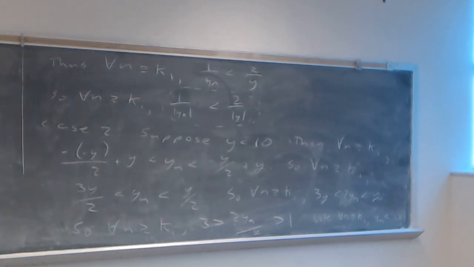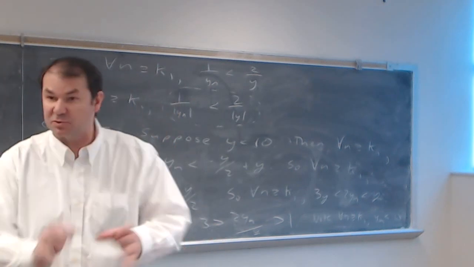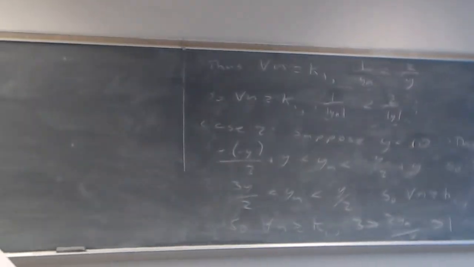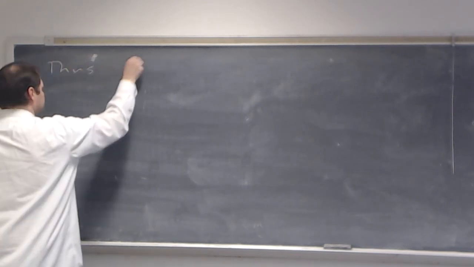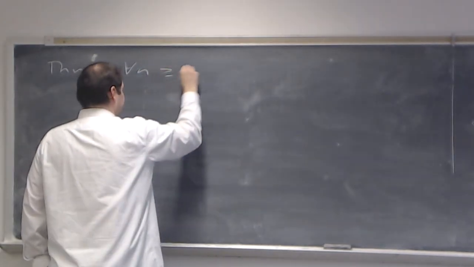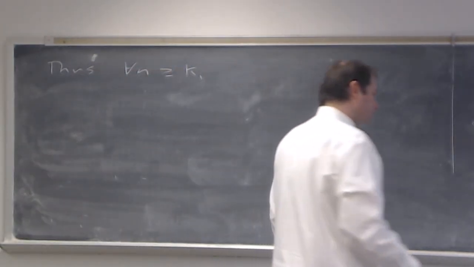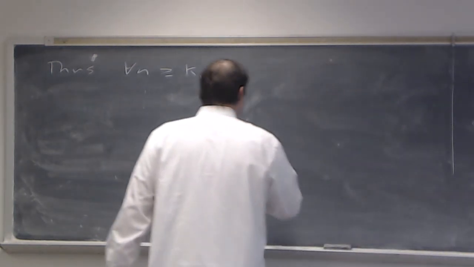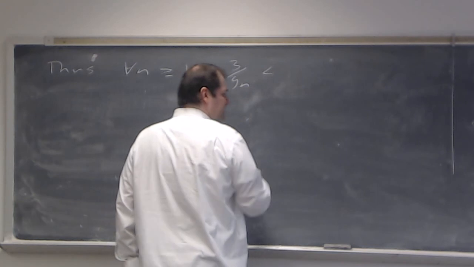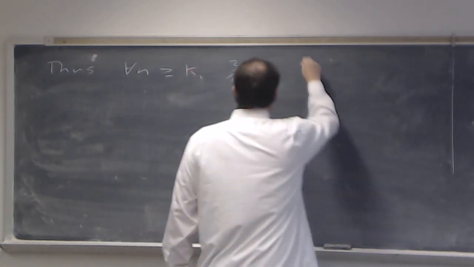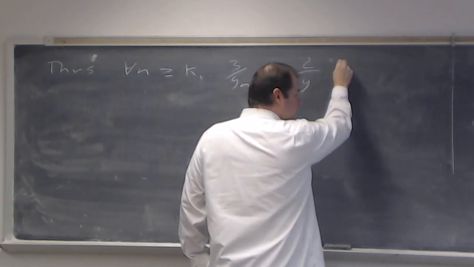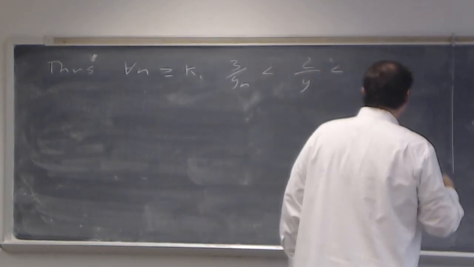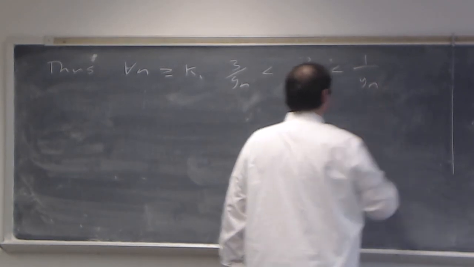So now I'm going to divide everything by y sub n from the last inequality, what I've written here. And so I'm going to have to switch the signs again. Thus, for all n greater than or equal to k sub 1, when I divide by y sub n, I'm going to have 3 divided by y sub n is less than, here it's going to be 2 over y, which is going to be less than 1 over y sub n.